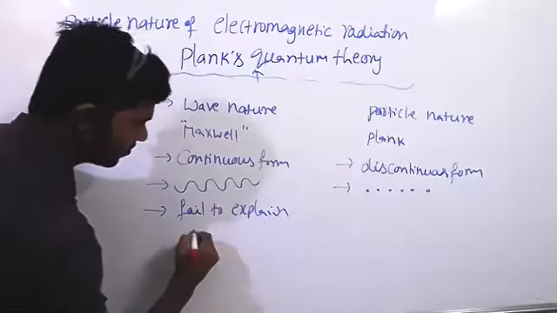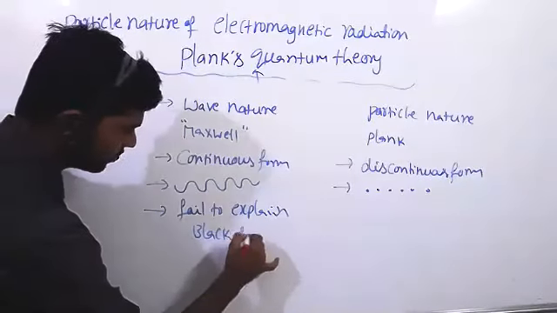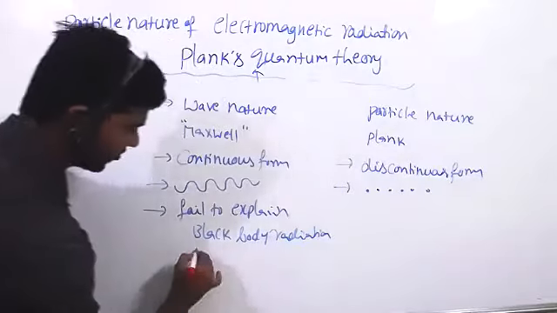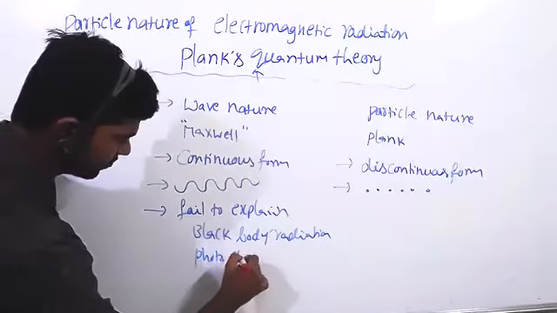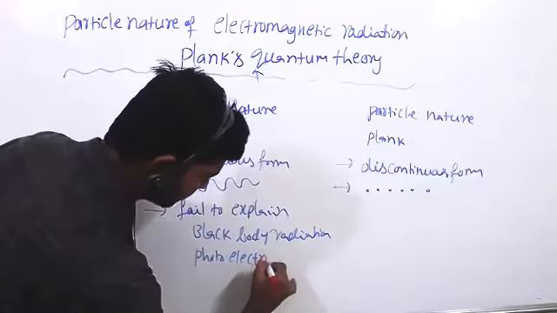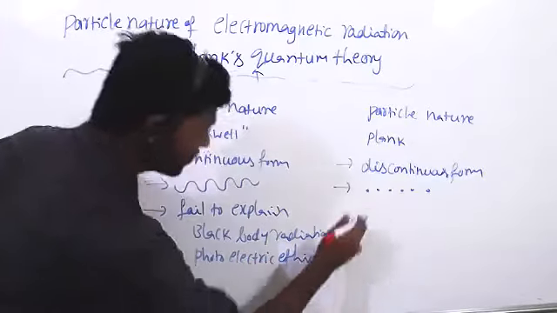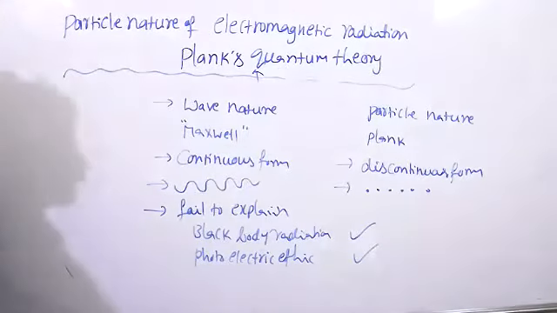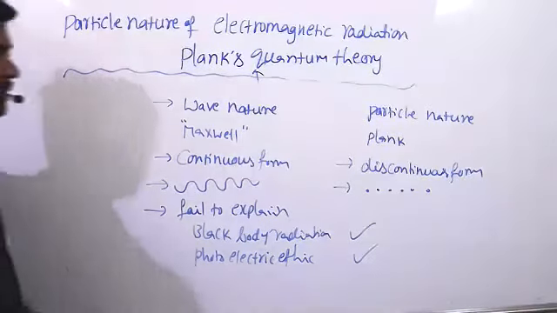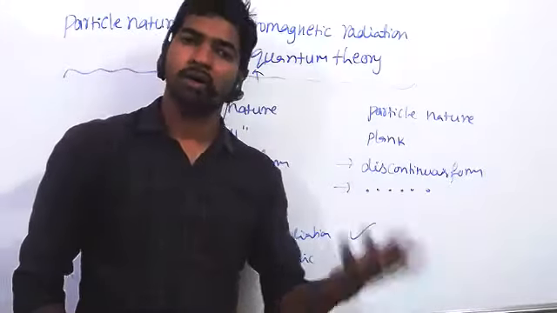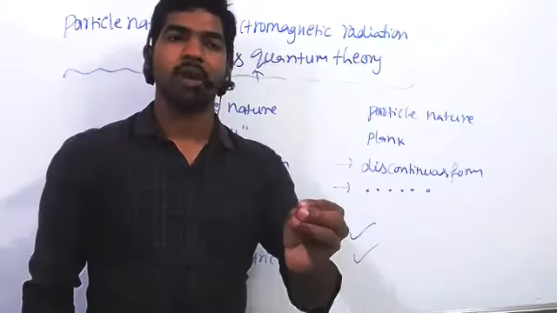Black body radiation, photoelectric effect. Planck's theory was successful in explaining black body radiation and the photoelectric effect. Here the radiation emitted or absorbed by a body is in the form of packets of energy.